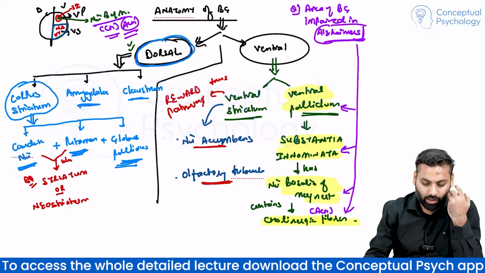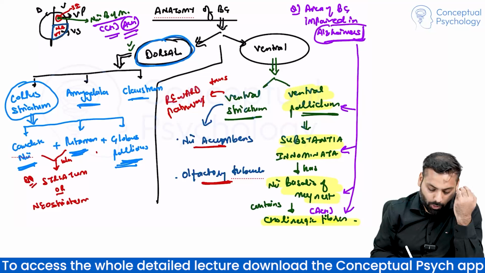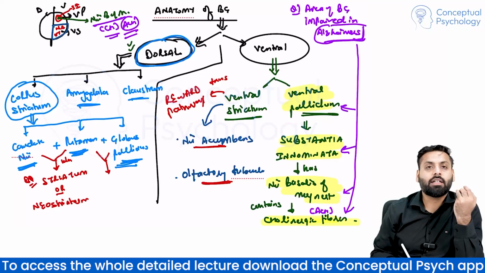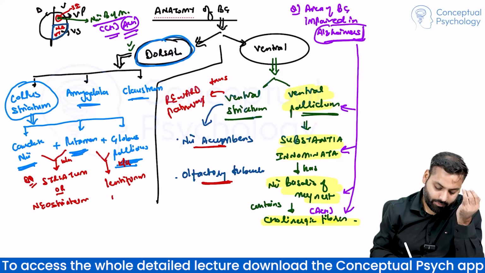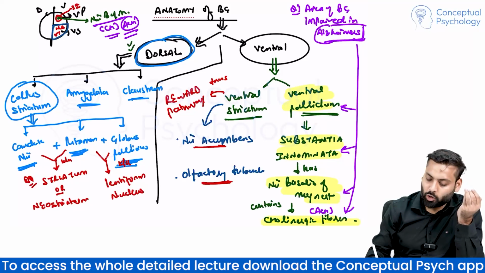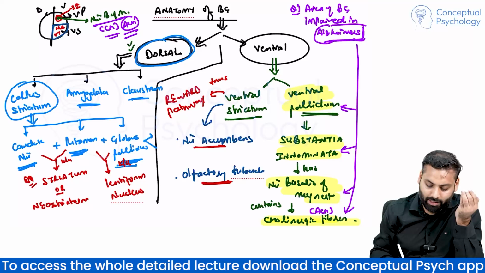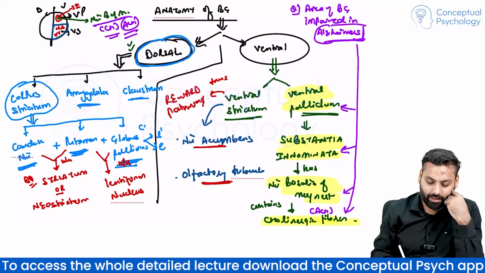Okay? Then remember, putamen and globus pallidus together is known as lentiform nucleus. Globus pallidus is also of two types: globus pallidus interna, globus pallidus externa.